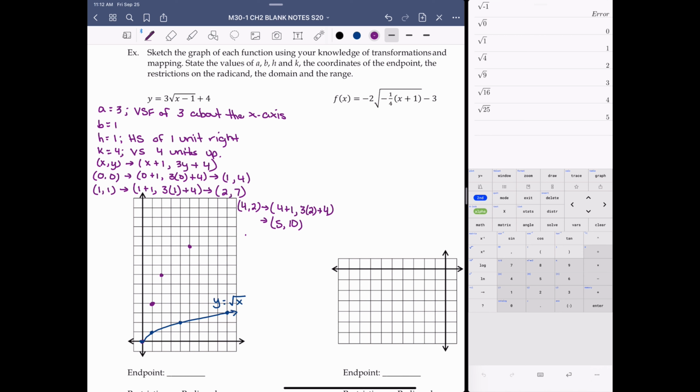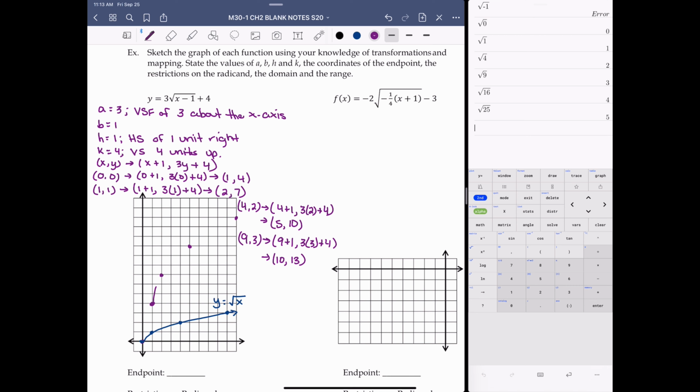And then the point 9, 3 goes to 9 plus 1 and 3 times 3 plus 4, which gives us 10, and 9 plus 4 is 13. 10, 11, 12, 13.